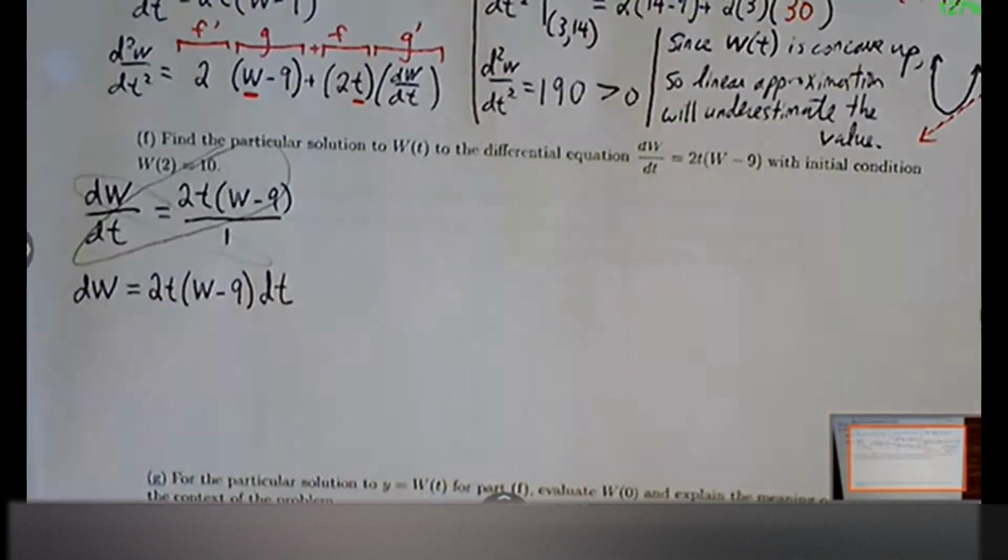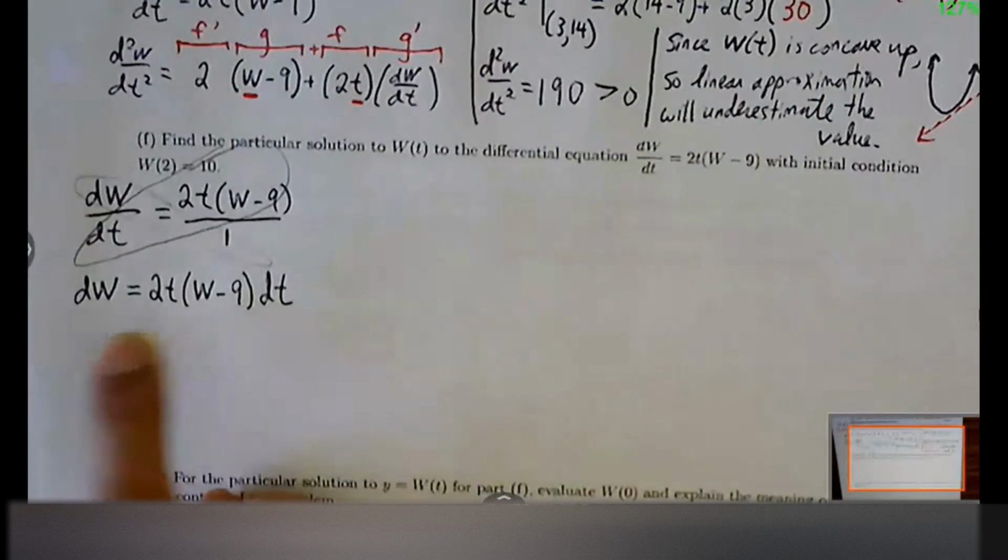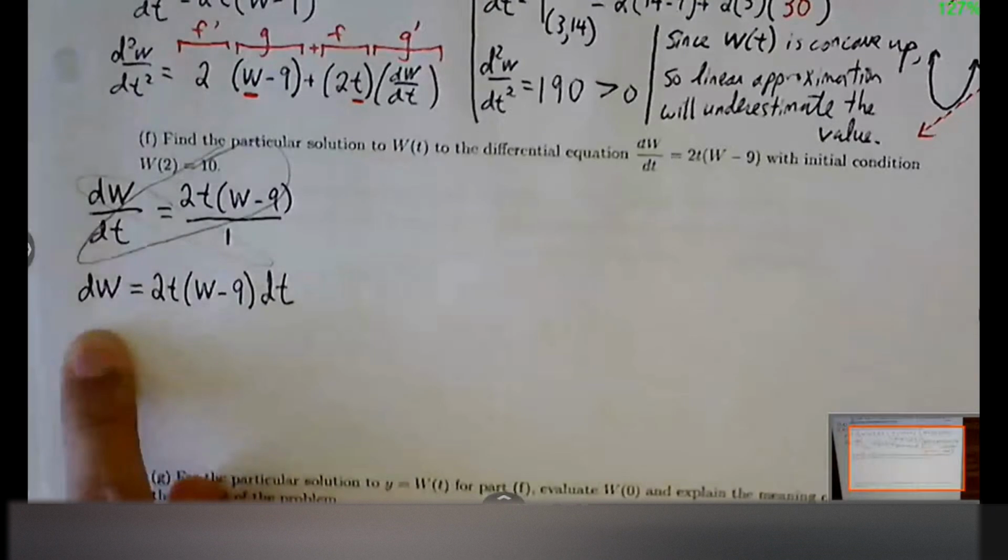And now we just have to figure out how to get full separation. There's one thing that's out of place, and it's that w minus 9, right? So we're going to shift that w minus 9 over to the left side. We'll divide the w minus 9 over.